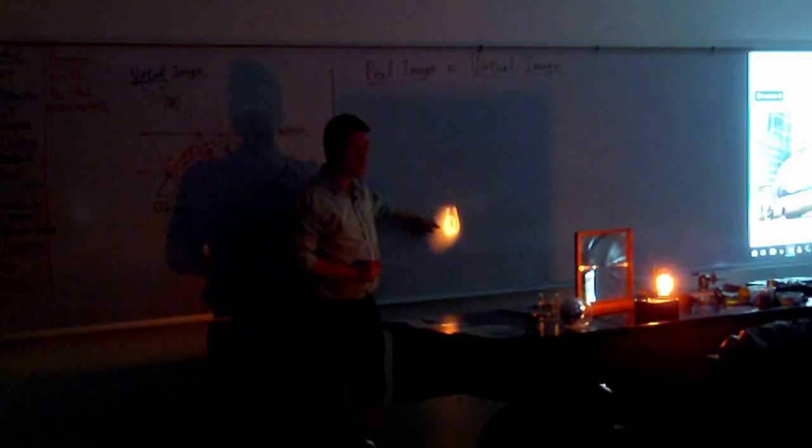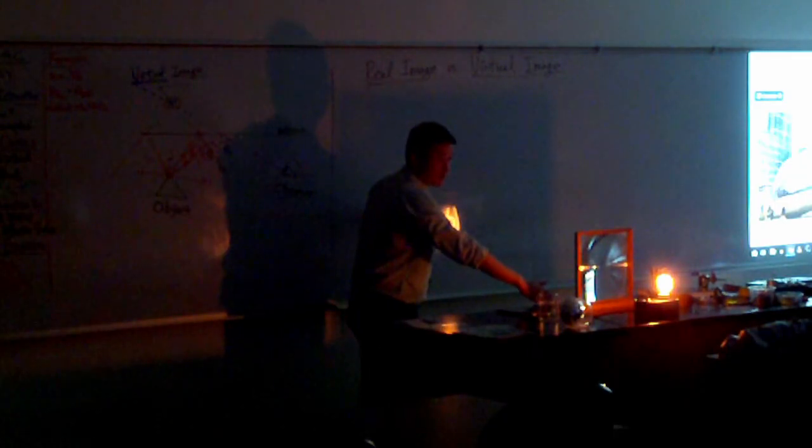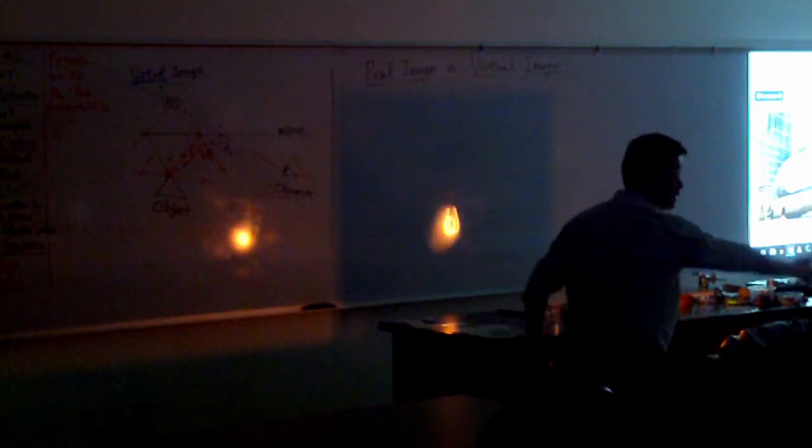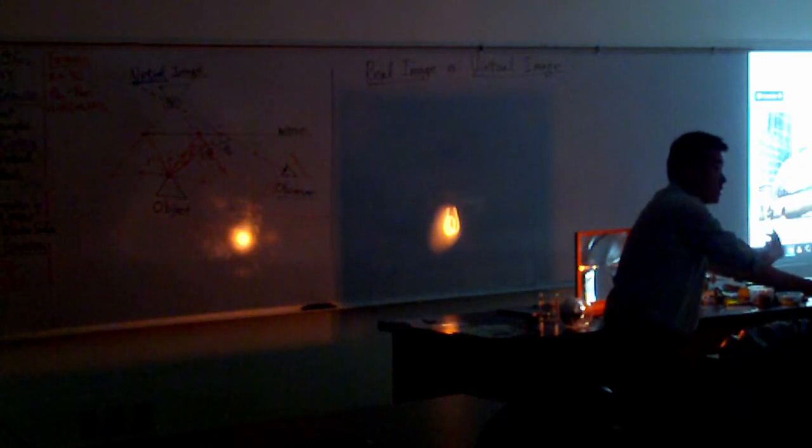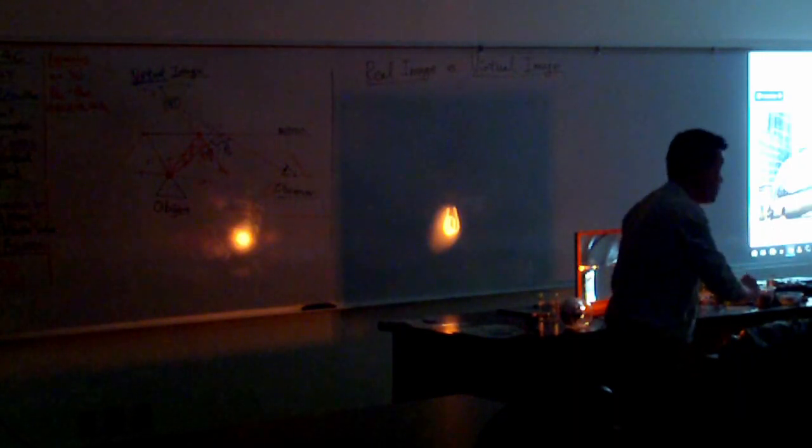So this is what I want you to imagine. When this light bulb was on this side, this lens actually formed a real image somewhere, let's say, over here. I mean, there is nothing physical here, but the real image formed here. And when you are looking through the lens, the light that you are seeing looked like it was coming from this location in space.